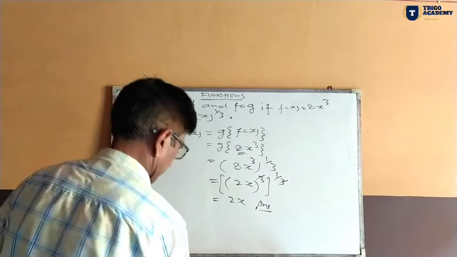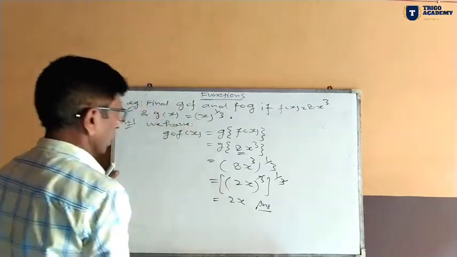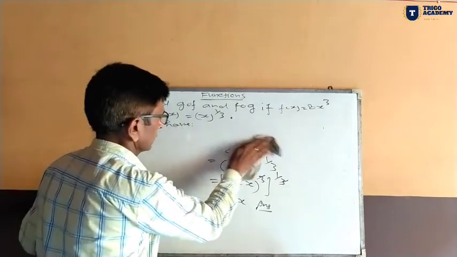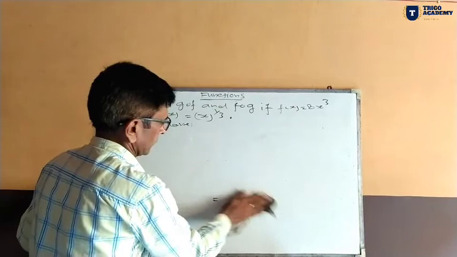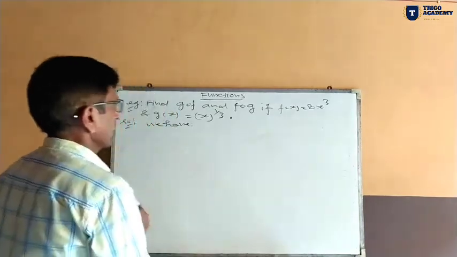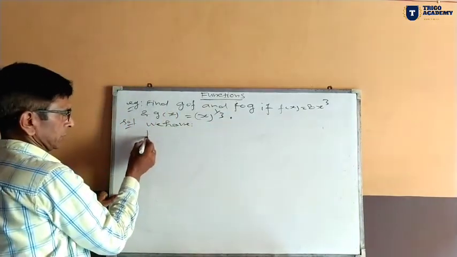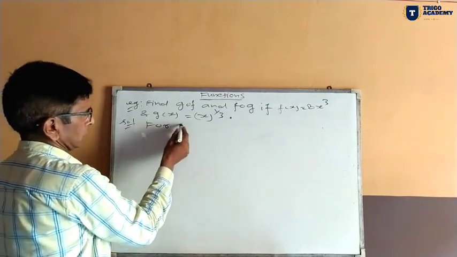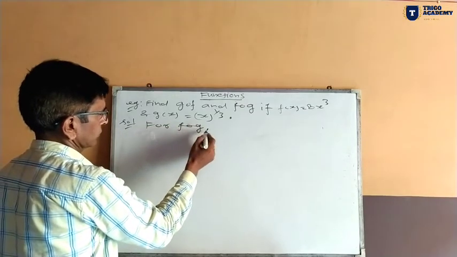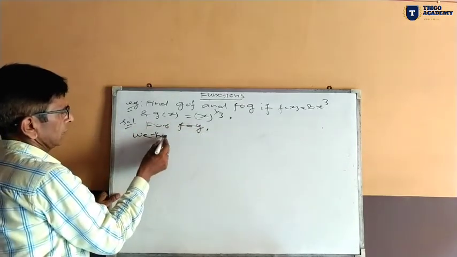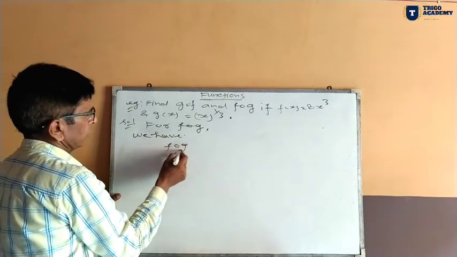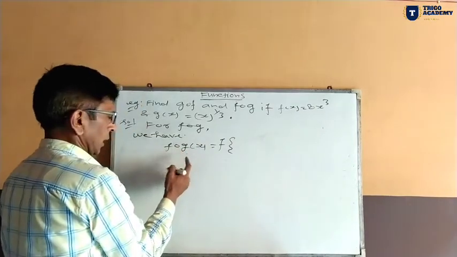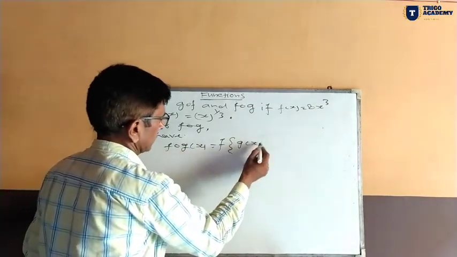After this, fog. Is it clear? Now fog. For fog, we have again fog(x) equal f, and we put this g(x) this way.